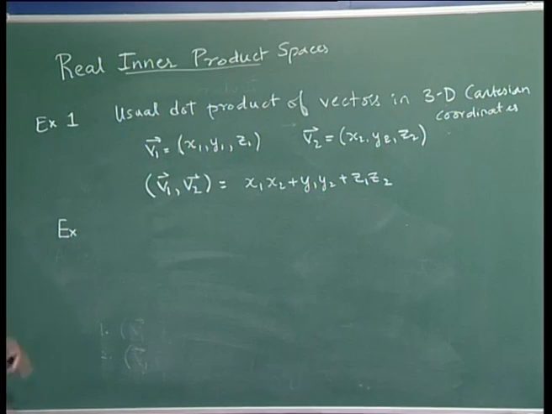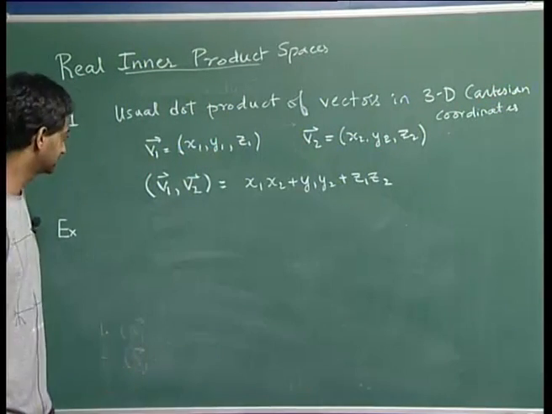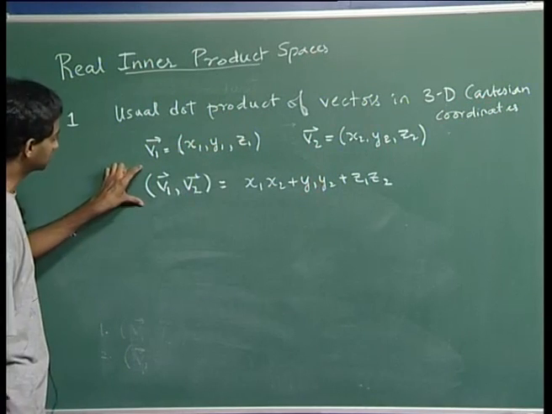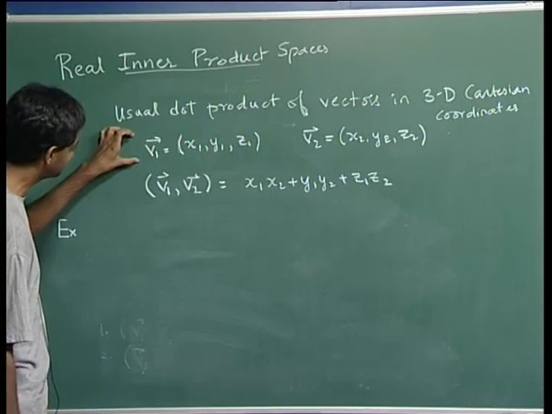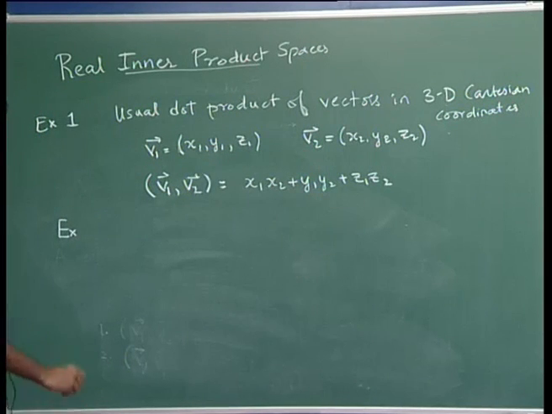This is an inner product in the 3D Cartesian coordinates, and so the 3-dimensional vector space with this definition of the inner product forms a real inner product space.